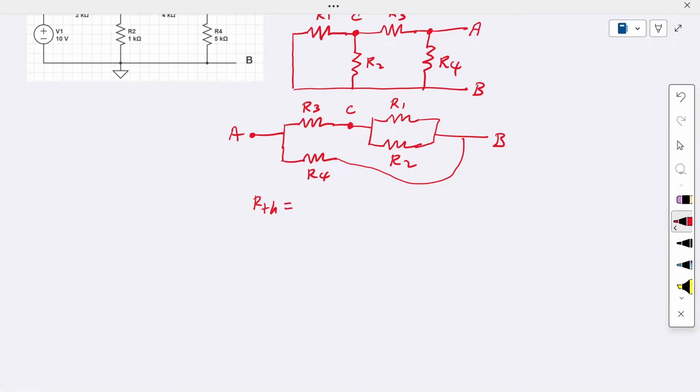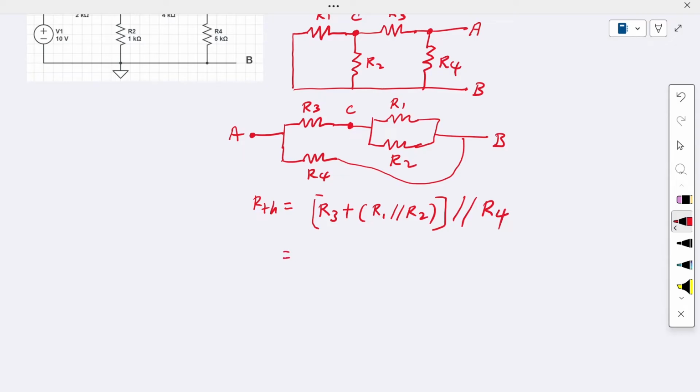So clearly R1 and R2 are in parallel. And then it's in series with R3. So here we have R3 in series with the parallel combination, R1 parallel with R2. And then this whole thing will be parallel with R4. Okay.